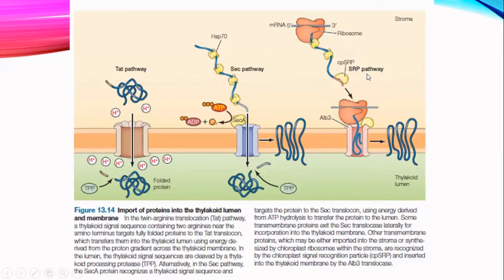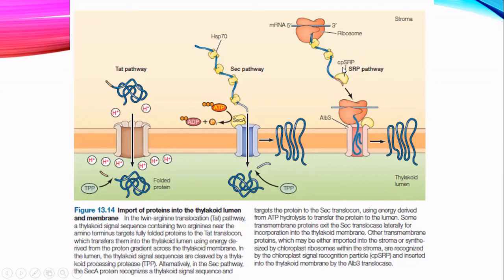Next, we have the third one, the suggested retail price, no? That's the signal recognition particle. The signal recognition particle requires the mRNA and the ribosome, so that is more on the translation. After translating the protein sequence, a protein is released.